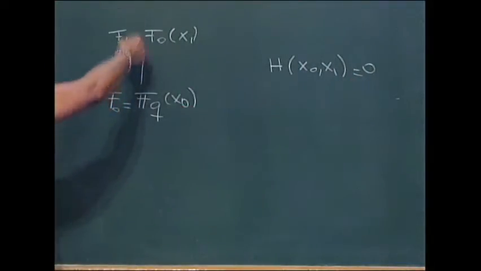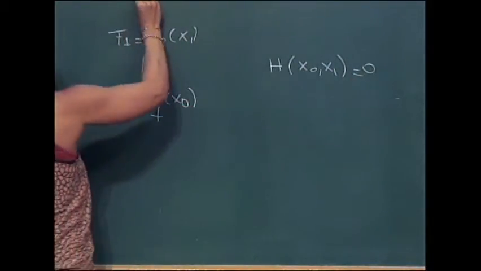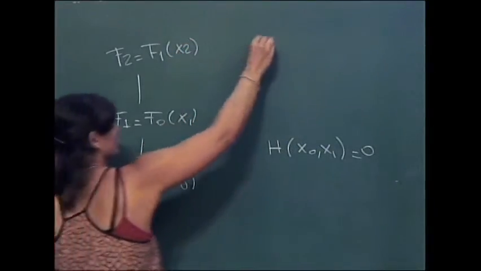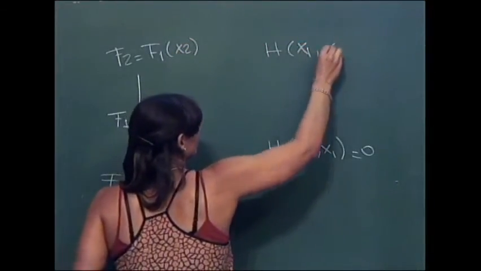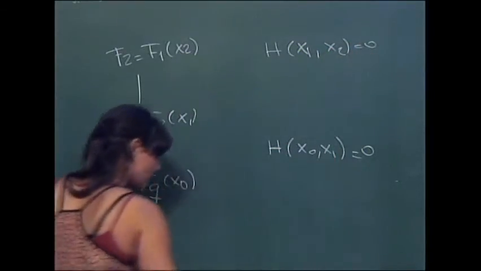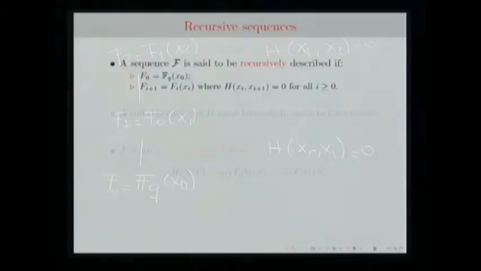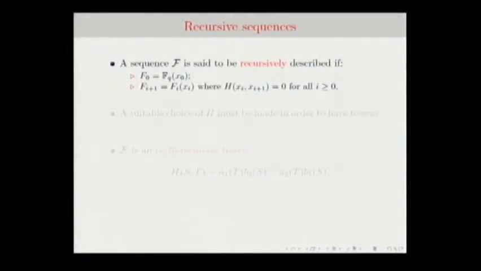And then to construct the next one, you do it exactly the same. If you do this, you know exactly how these fields behave, or at least you know more about this. But not every polynomial will give you a tower, so a suitable choice of this polynomial must be made.